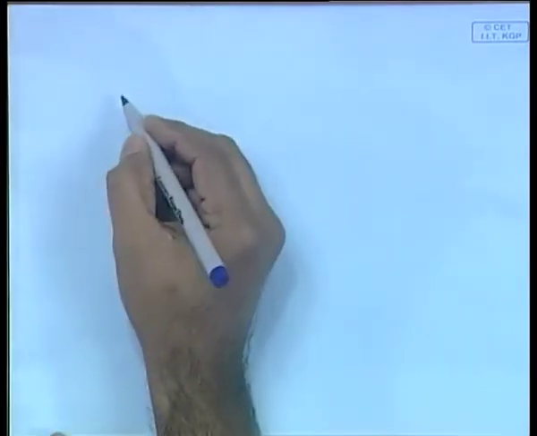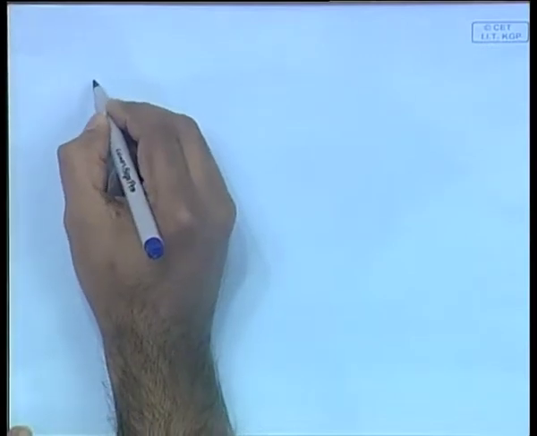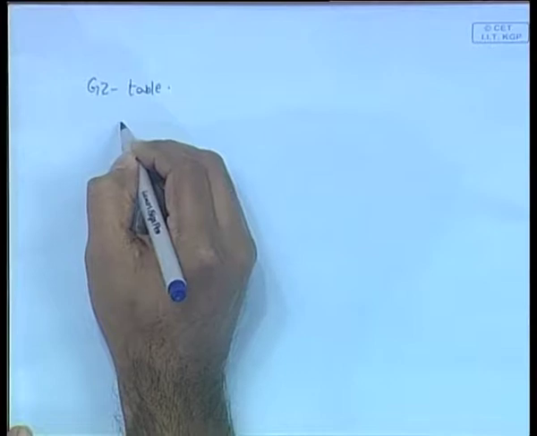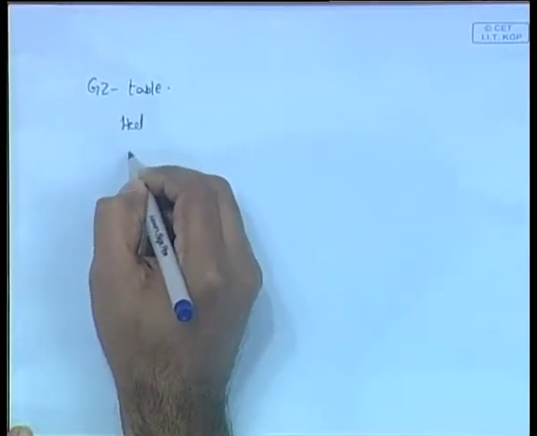Now, let us do one problem that should explain it. First of all, the GZ table is given. So, you have the heel and GZ.